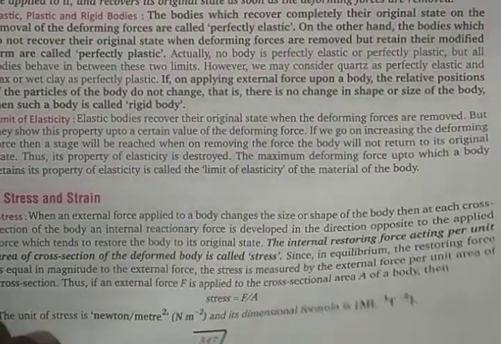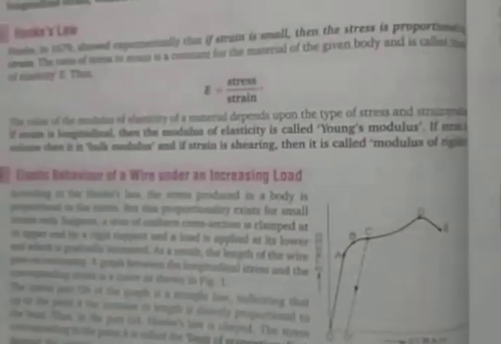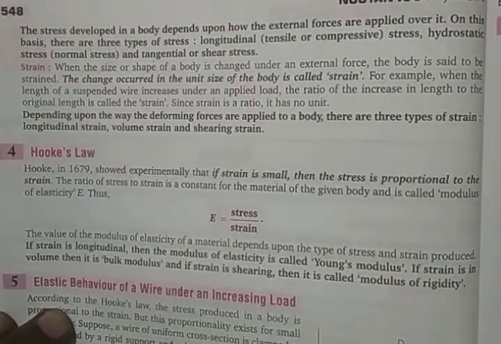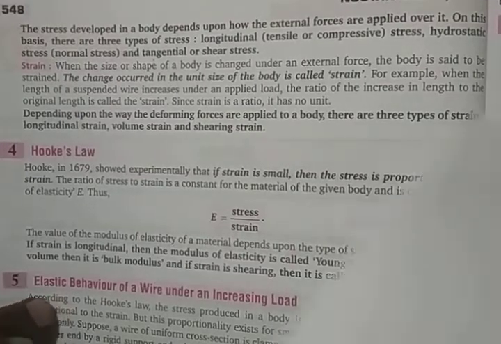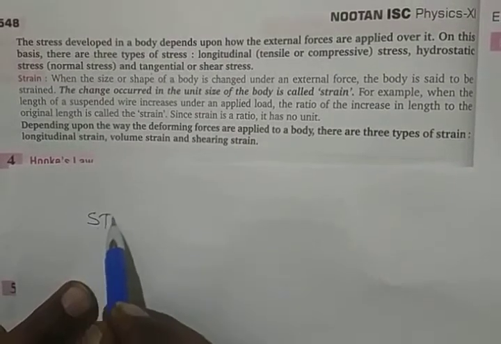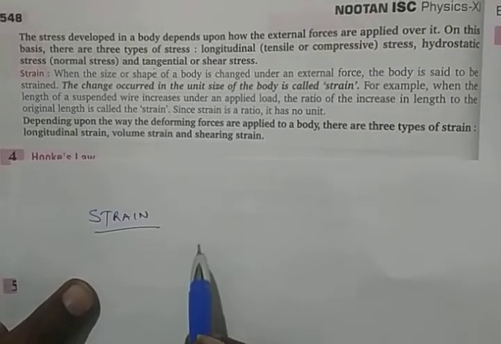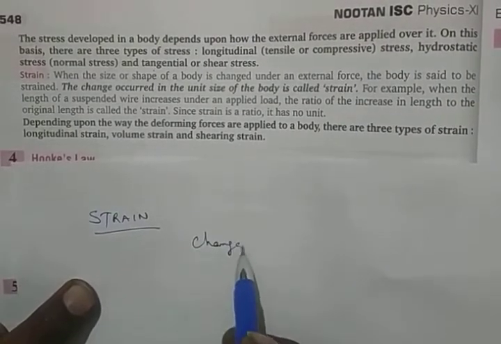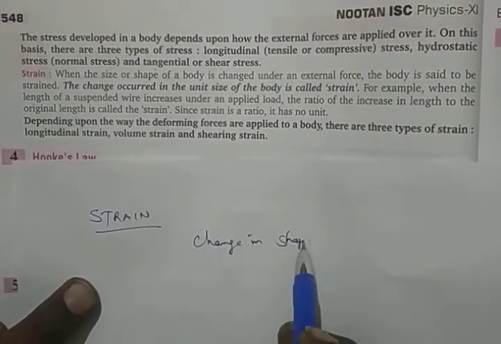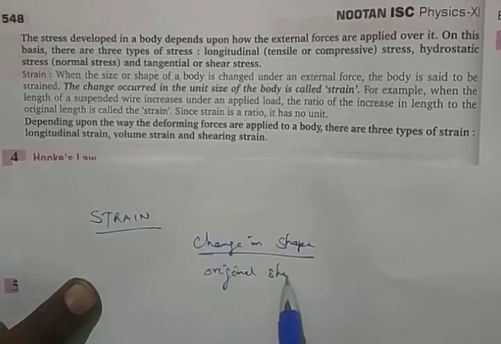The next one. We are going to the next very important thing called strain. We are going to read the next part called strain. So what is strain? Strain means change in shape upon original shape.